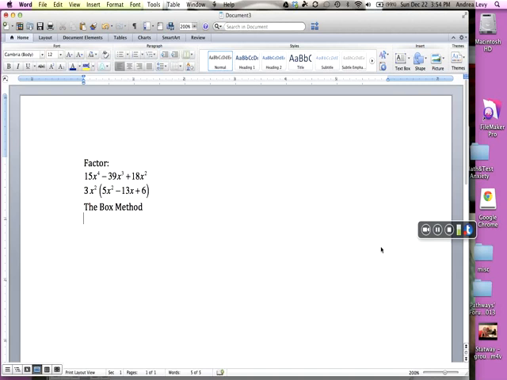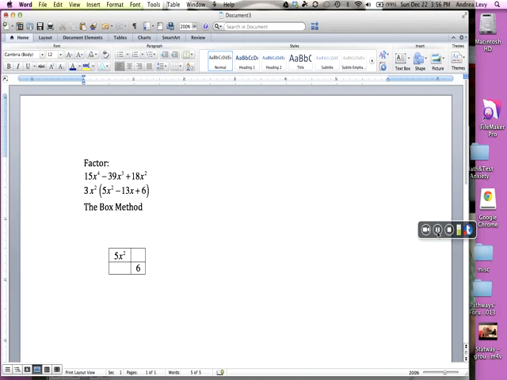The first thing you're going to do is create a box with 4 sections in it. In the first box, on the top left-hand corner, I'm going to place the first term in the trinomial. In the bottom right-hand corner, I'm going to put the last term from my trinomial.